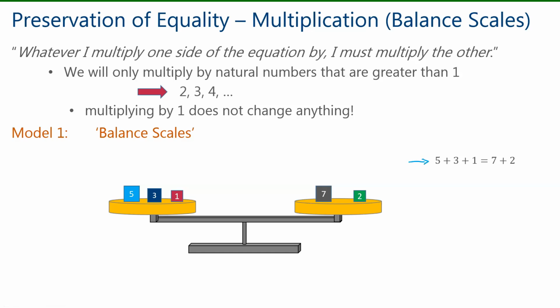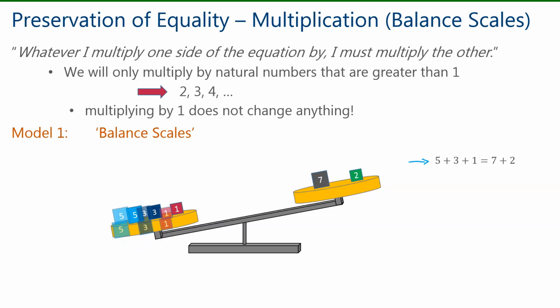What if we now decide to triple everything on the left-hand side? So instead of one mass of 5, I have 3 masses of 5, 3 masses of 3, and 3 masses of 1. Well, no longer will our two-pan balance be balanced because we have much more on the left-hand side. I have tripled everything on the left.